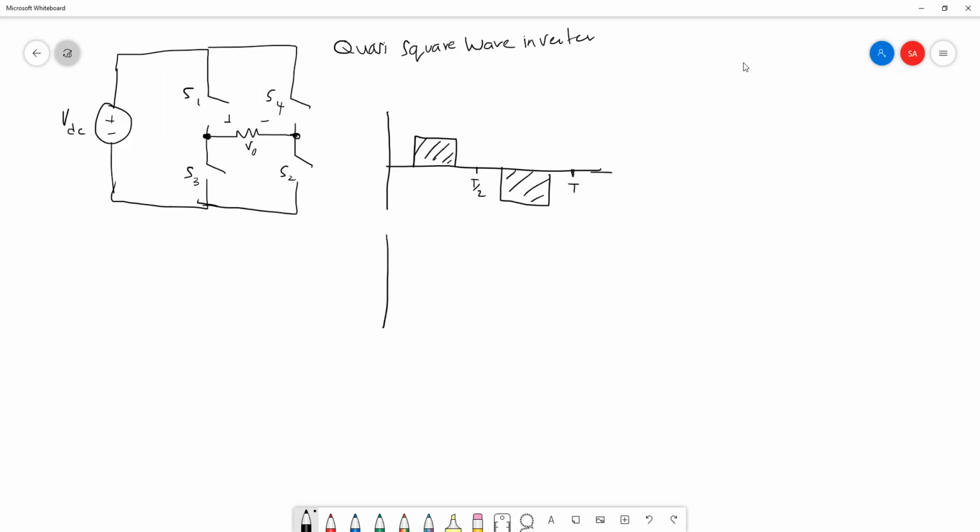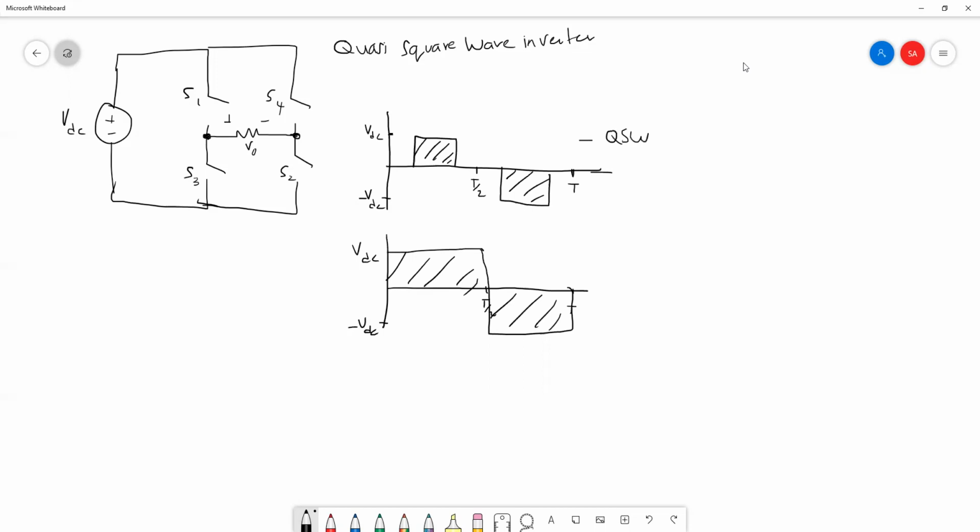And if you recall back for the square wave, the voltage waveform is this one. So this is your VDC, this is negative VDC, and this is also the same VDC and negative VDC. So this is quasi square wave and this is a square wave.